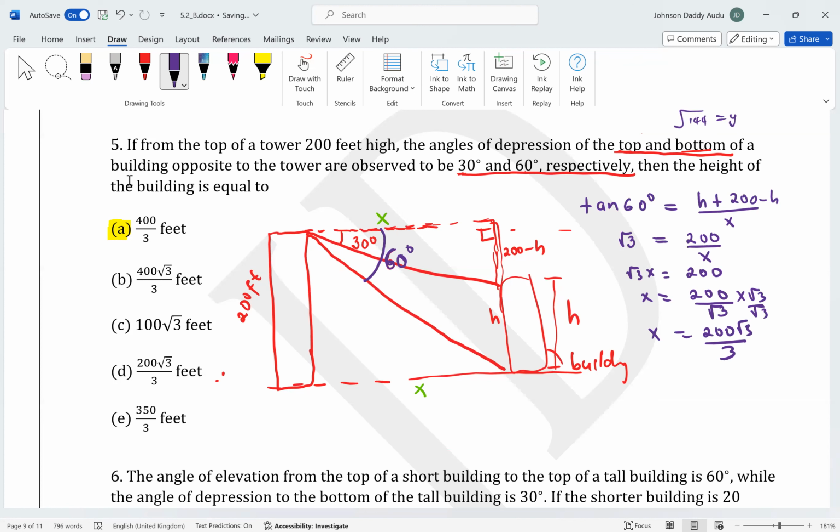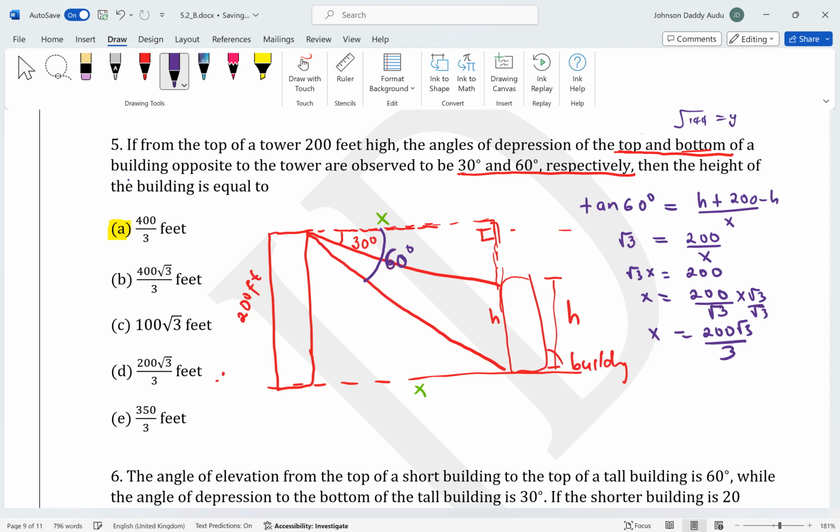So this is x. All right. So what can we do now? Instead of doing that, we can just use the smaller angle, which is 30, and we can get this part.